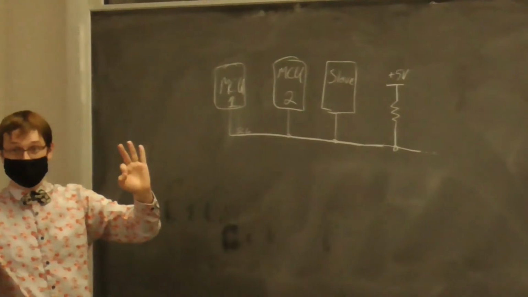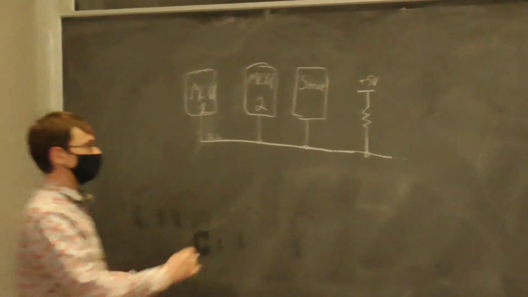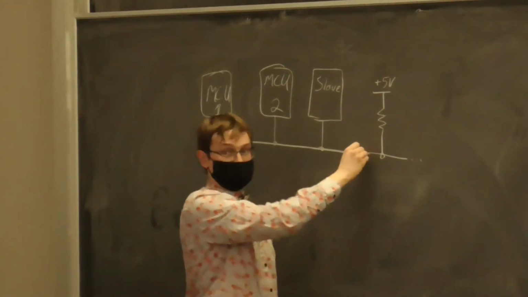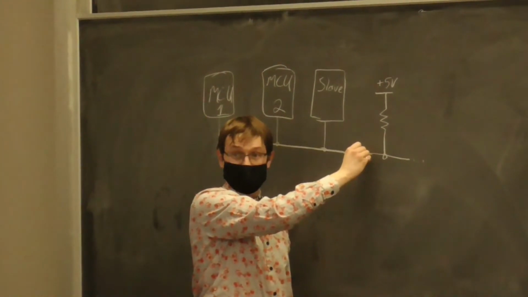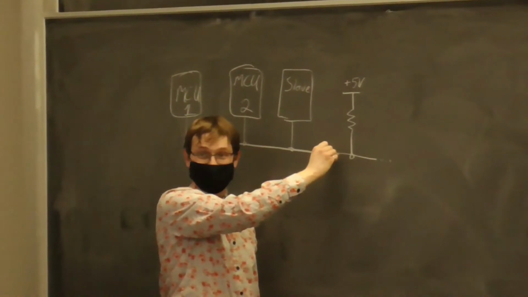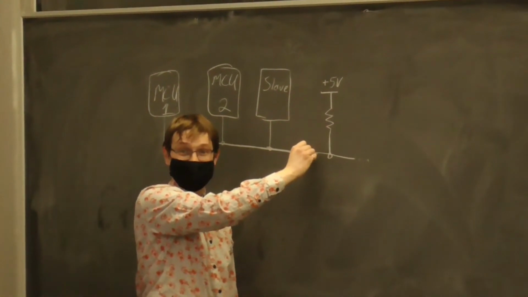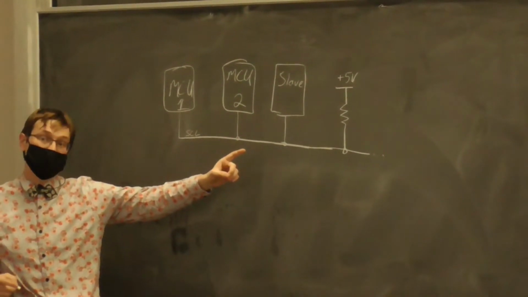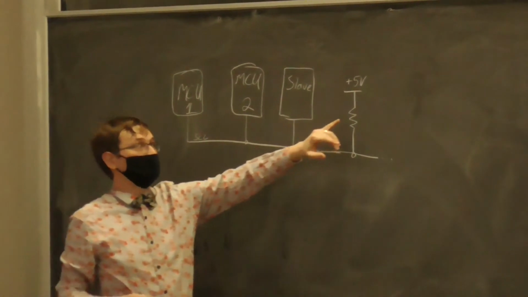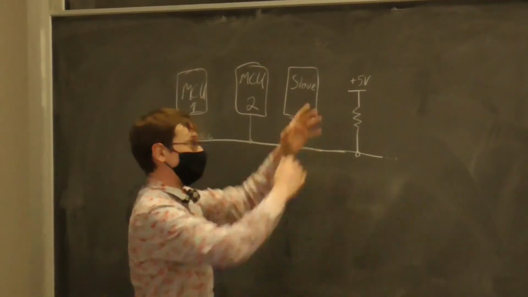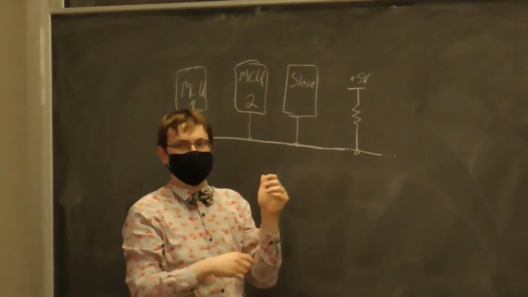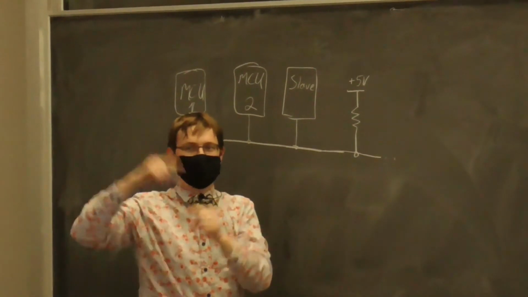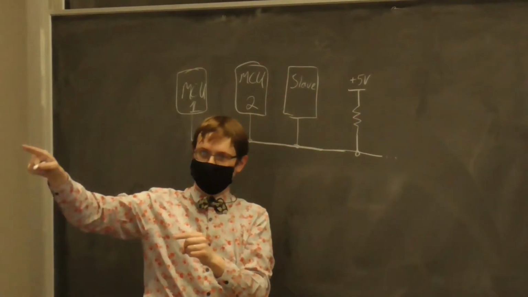So, disconnected, essentially. If all of these guys are disconnected, what's the voltage on this line? It's 5 volts, because there's nowhere for the current to flow to. The current is actually the inverse of the way the electrons flow, as I'm sure all of you are aware.